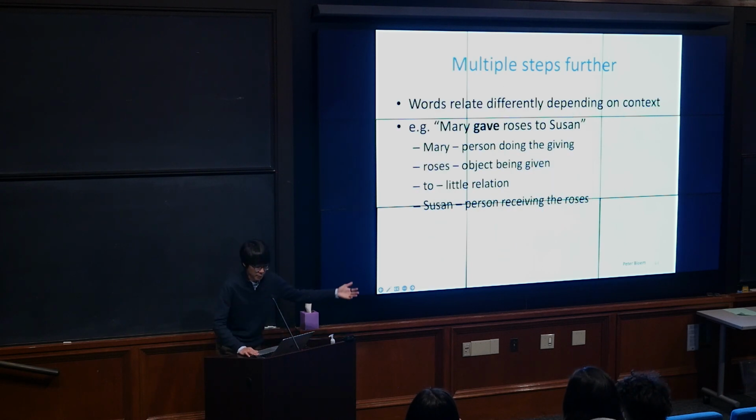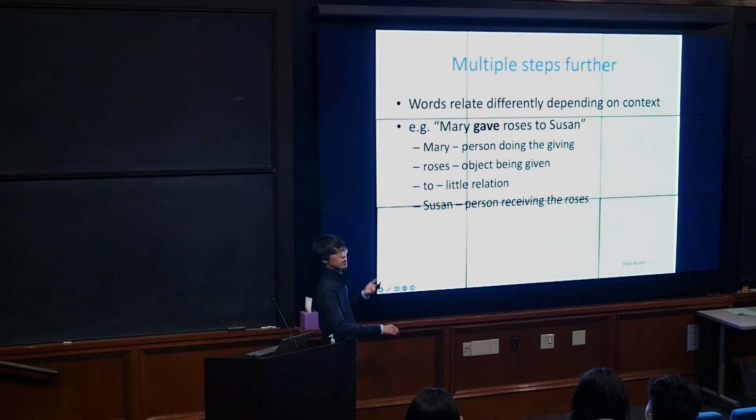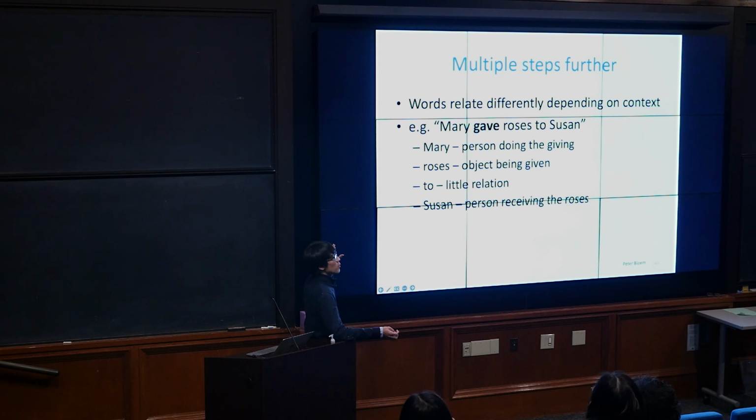Going multiple steps further, words can relate differently depending on context, right? So if we're comparing to the word gave, the word Mary here is the person doing the giving. The word roses is the object being given. To doesn't have any relation to gave at all, and Susan is the person receiving the roses, right? So before, we could measure the magnitude of the relations, right?